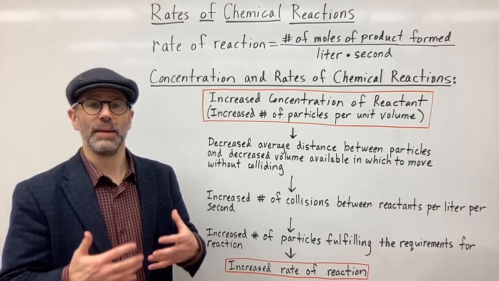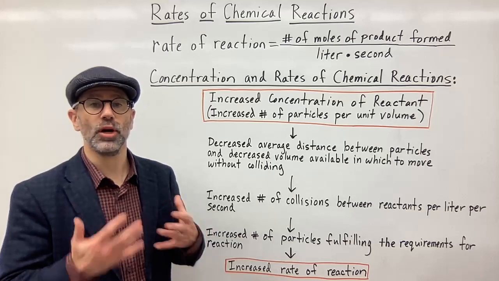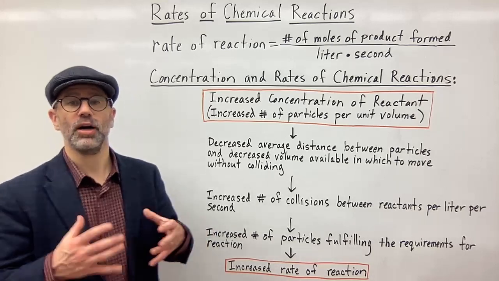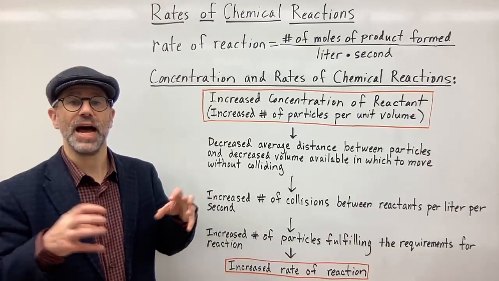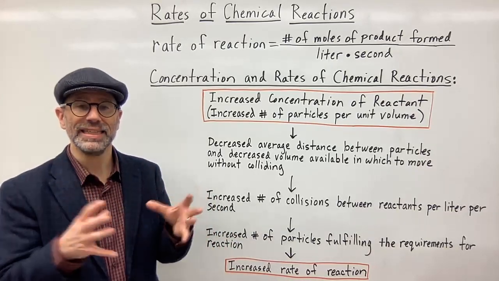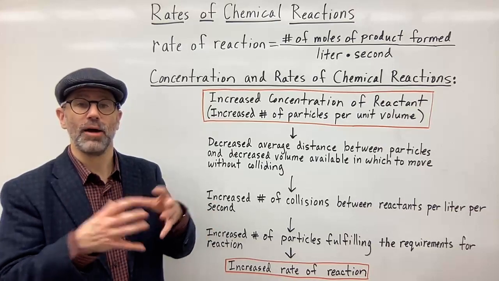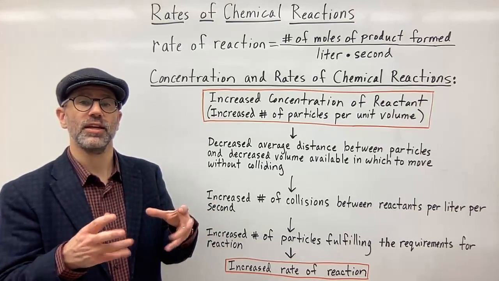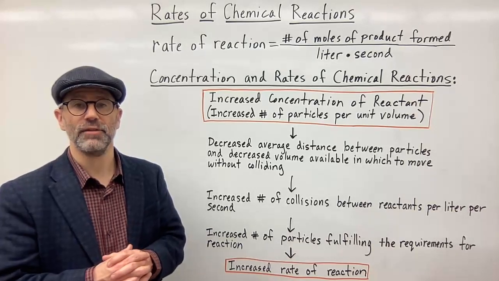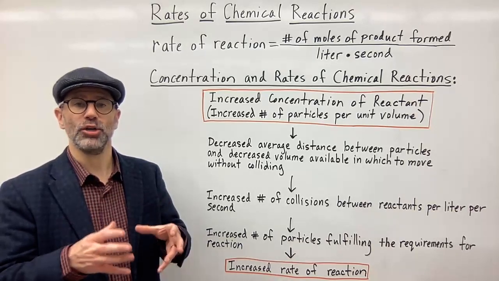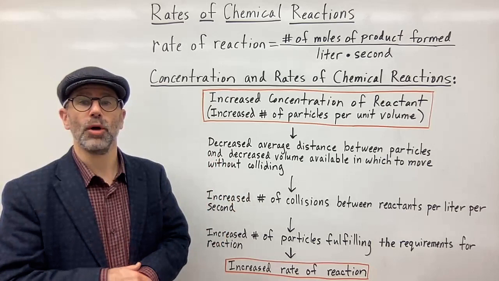So that means I have a much more concentrated form of my Kool-Aid or my soft drink because now I have more particles in the same solution, in the same amount of the Kool-Aid or the soft drink that I have. So I haven't changed the volume, I just added more particles.